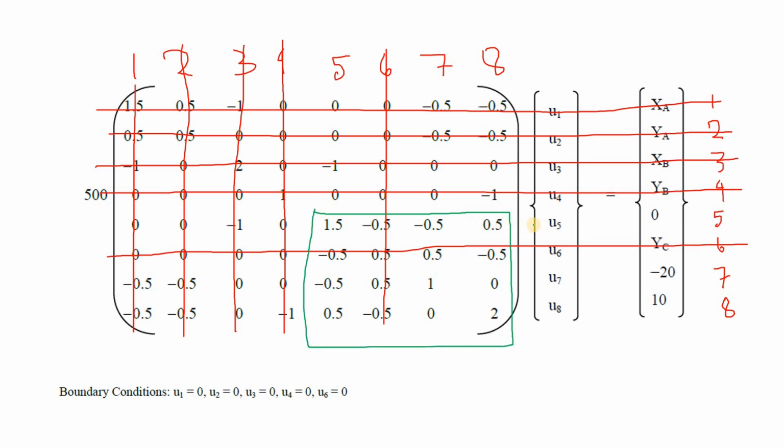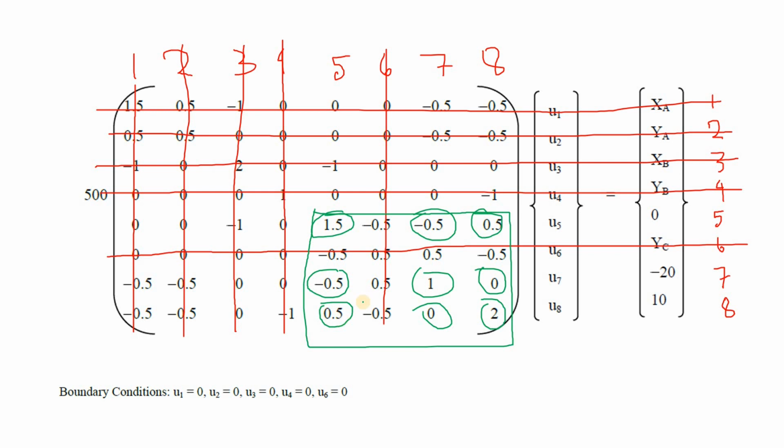So we have u5, which is right over here, and then for u7 we have this, and u8 we have this. So for 5, 7, 8, we have values here. We have u5, u7, u8, we have the 0 here, we have -20 here, we have 10 here, right?